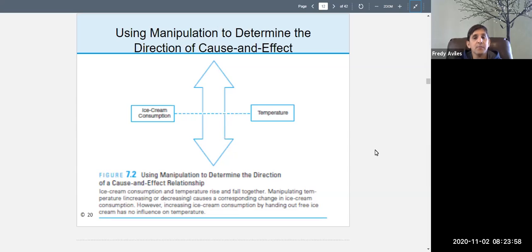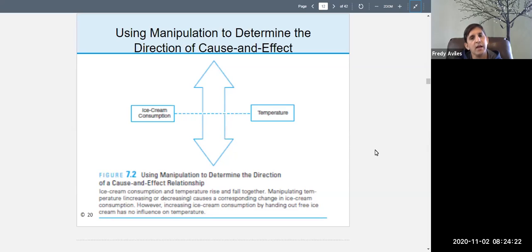So we can raise the temperature and then see how much ice cream is consumed. We can also lower the temperature, create a different treatment condition, and then see what happens to ice cream consumption. So we can vary the temperature to see how it affects ice cream consumption. And what we'll probably find is that the temperature is causing the changes in ice cream consumption.